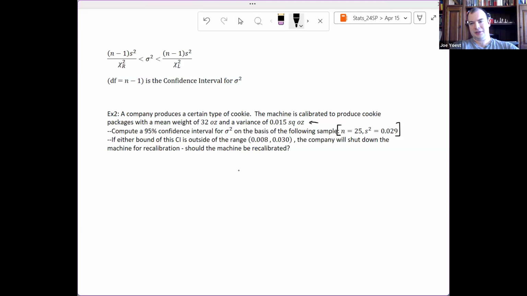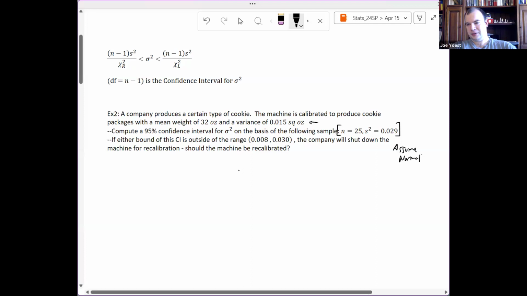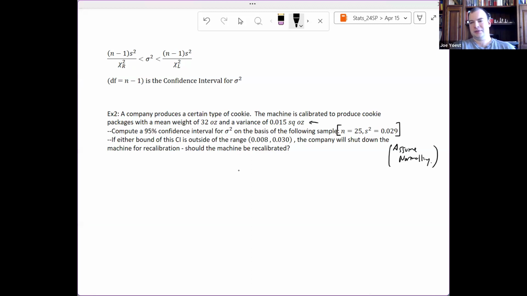Okay, so I have a sample of size 25, sample variance 0.029, and let's also assume normality. If we don't assume normality, we really can't go very far here. So we'll assume normality.